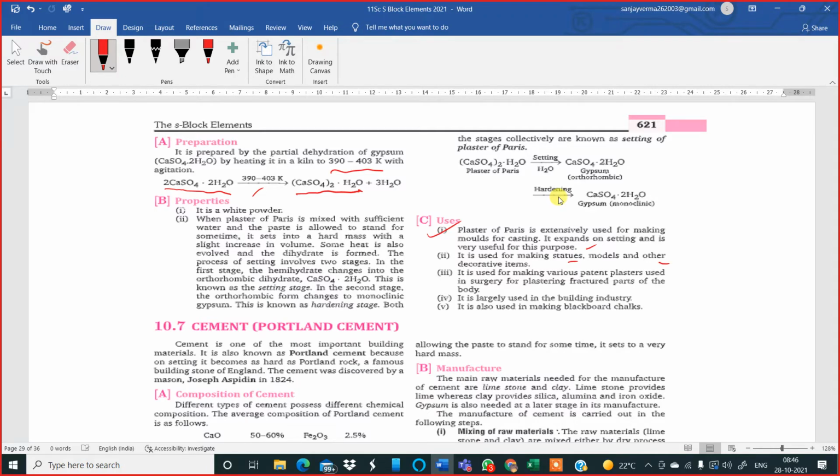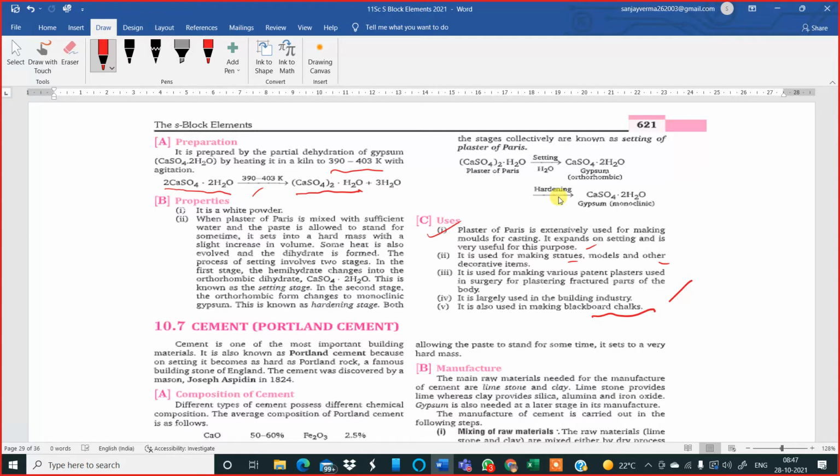It is used for making various patent plasters, which are used in surgery for plastering fractured parts of the body. Suppose you have an arm fracture, then they use plaster of Paris for the setting of the bones. It is largely used in the building industry. It is also used in making blackboard chalks. So these are the various uses of plaster of Paris.